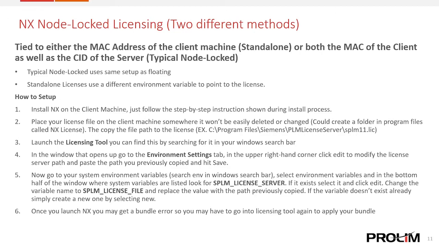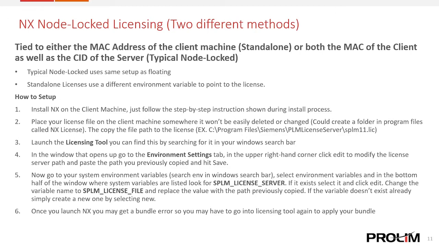So why does that exist? It exists because a lot of the lower end NX bundles are node locked only, and customers that have a lot of NX licenses have floating. So they want to keep all those licenses in one place. What they did was make a combination license where the CID is tied to the server. So the license stays on the server, but in that increment, it still has the host ID, the MAC address, that locks it to that machine.